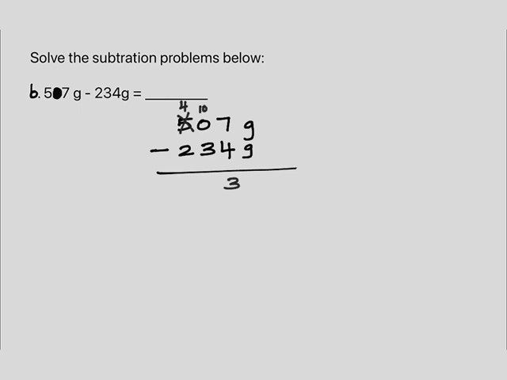So let's put 10. 10 minus 3 is 7, and 4 minus 2 is 2. So the answer will be 273 grams.